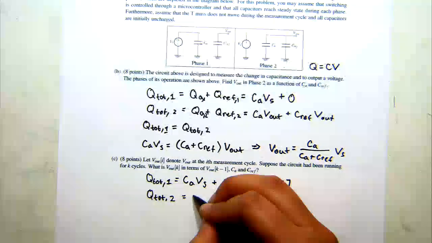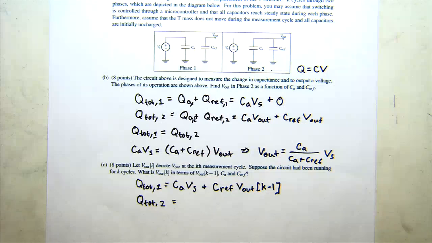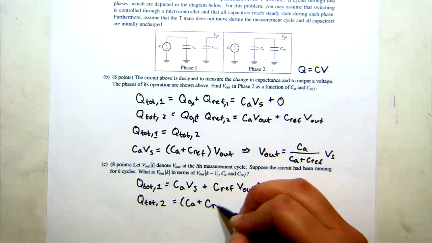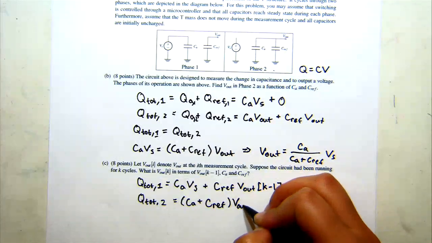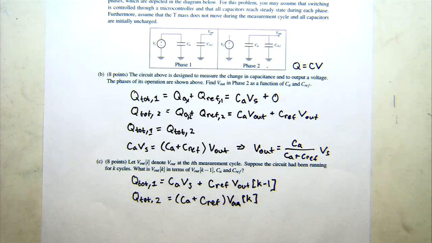And then Q total 2 really does not change much, except now instead of V out, we're saying this is for the kth measurement cycle, so we're going to denote it as V out K. So we have CA plus C ref times V out K. Okay, so this is the kth measurement cycle.